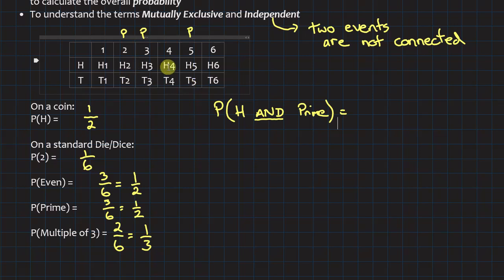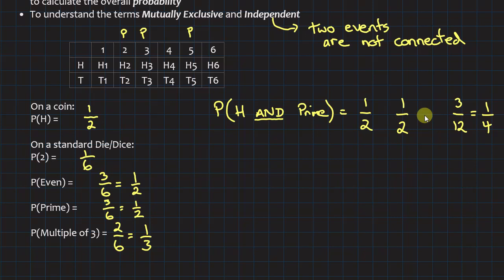So we know we've got 3 out of 12, which equals 1/4. Now, if we look at the two individual things, the probability of a head is a half, and the probability of it being prime is a half.